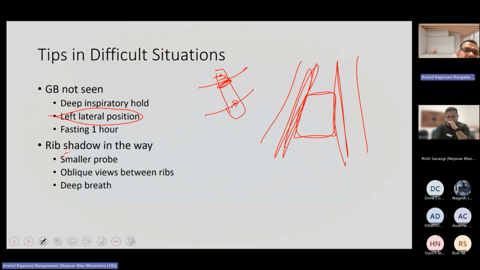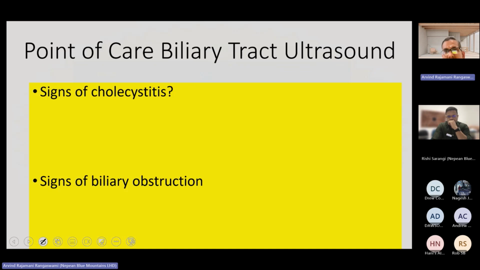An alternative is to choose a smaller probe with a smaller footprint, like a phased array convex probe, a cardiac echo probe. Taking a deep breath will push the gallbladder inferiorly, hopefully inferior to the costal margin, and that can overcome the acoustic shadow coming from the ribs.